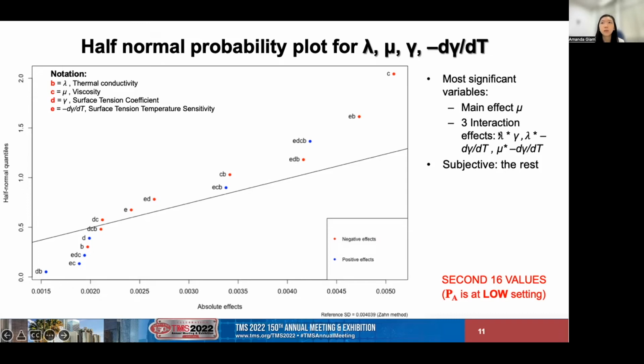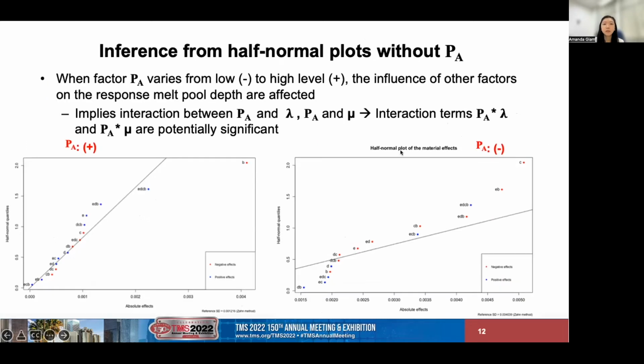The interaction between thermal conductivity and the surface tension coefficient, as well as the other 2 interaction effects. And so this is the inference that we can draw from the half-normal plots, which excludes the laser power absorption.